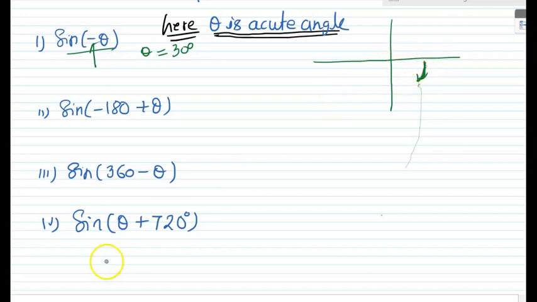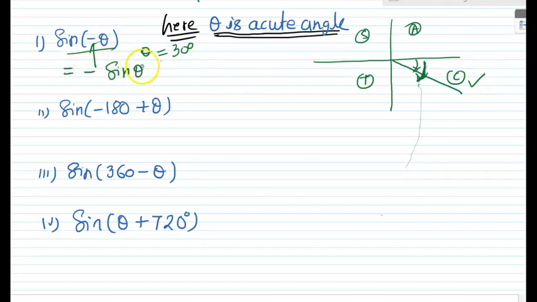So sin is going in the negative direction. Theta is a 30 acute angle, so it should be here. This is theta. Now write down here, add sugar to coffee. We are in the cos house, so sin will be negative. So sin of minus theta, you can write down here, minus sin theta. Theta equal to 30, I have assumed to show you that it is an acute angle.